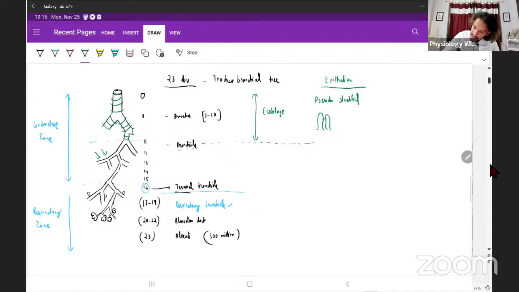If you look at the nucleus, it will be in different layers like this. So this is what I call pseudostratified. Now, in the bronchiole and lower parts, it is cuboidal, cube shaped like this. Now, mind you, they're all ciliated.